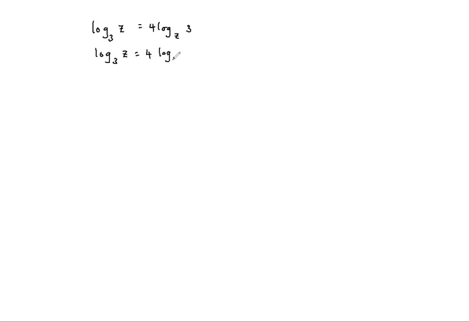So we'll have log 3 over log 3z, and then we multiply throughout by log 3z. So we're going to have log 3z squared is equal to 4 log 3, which is 1.